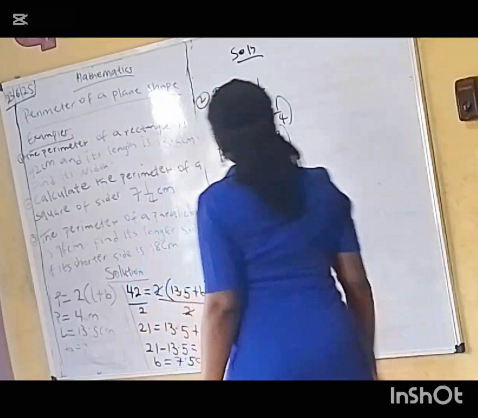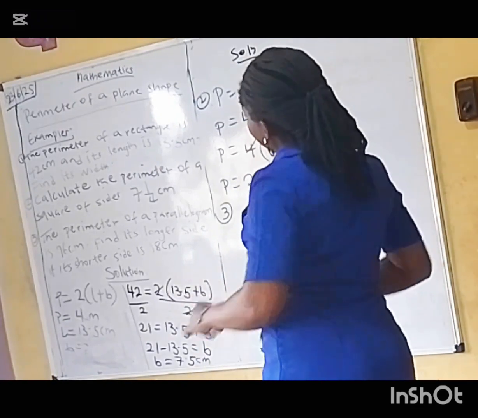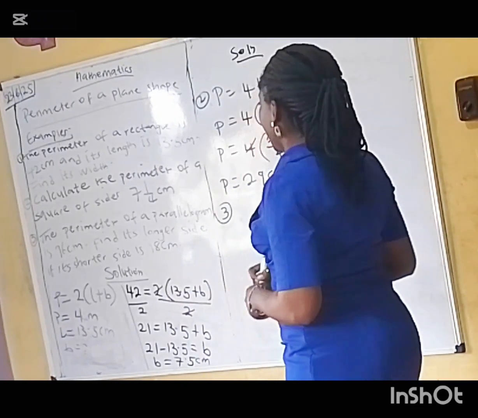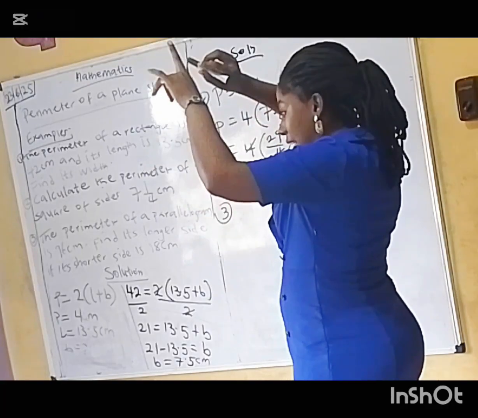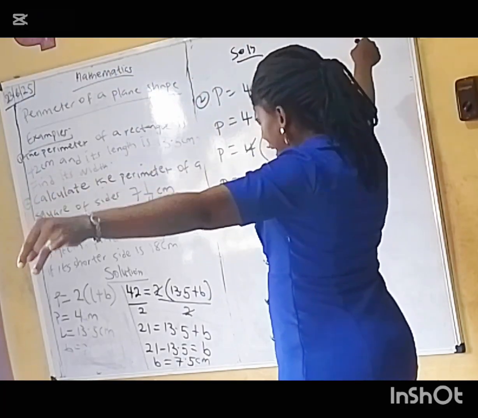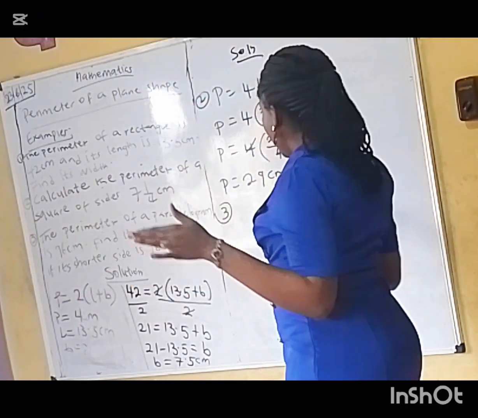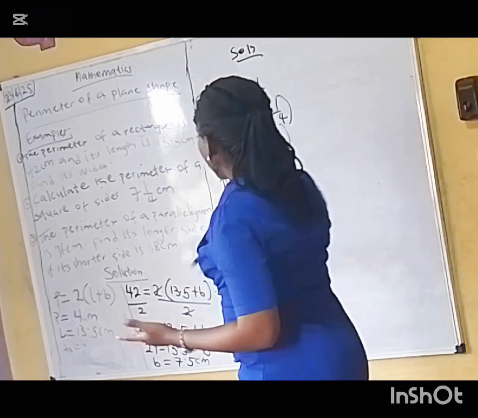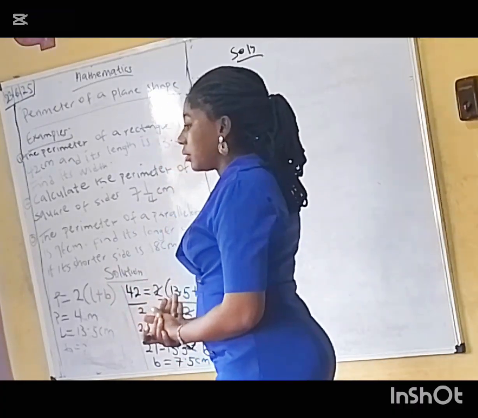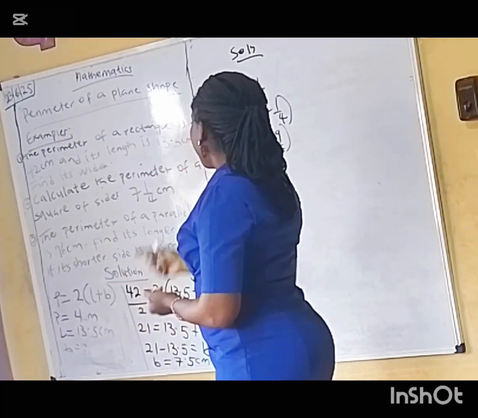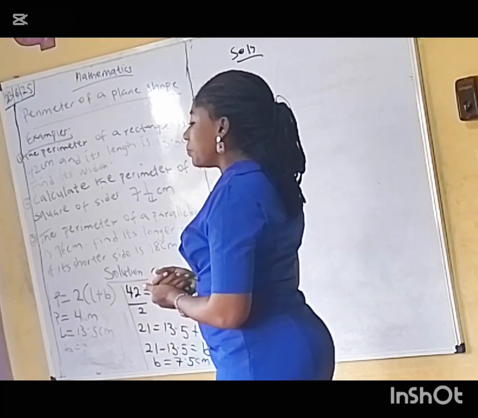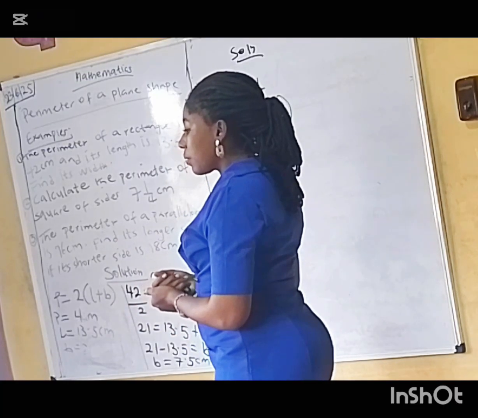Perimeter of a parallelogram is 96. Find its longer side if its shorter side is 18 cm. What is the longer side? Usually the L, right? L, the length. Then the shorter side is the breadth. So just like the way we did number 1, because rectangle and parallelogram have the same formula.